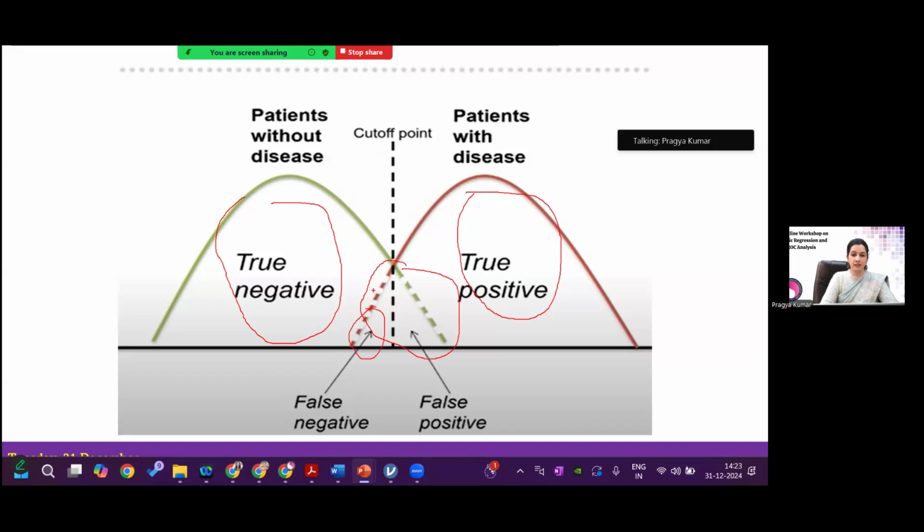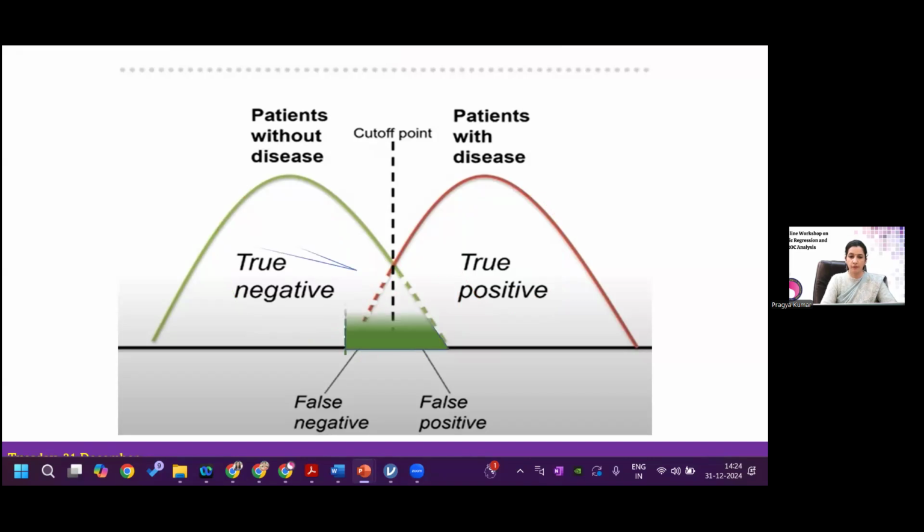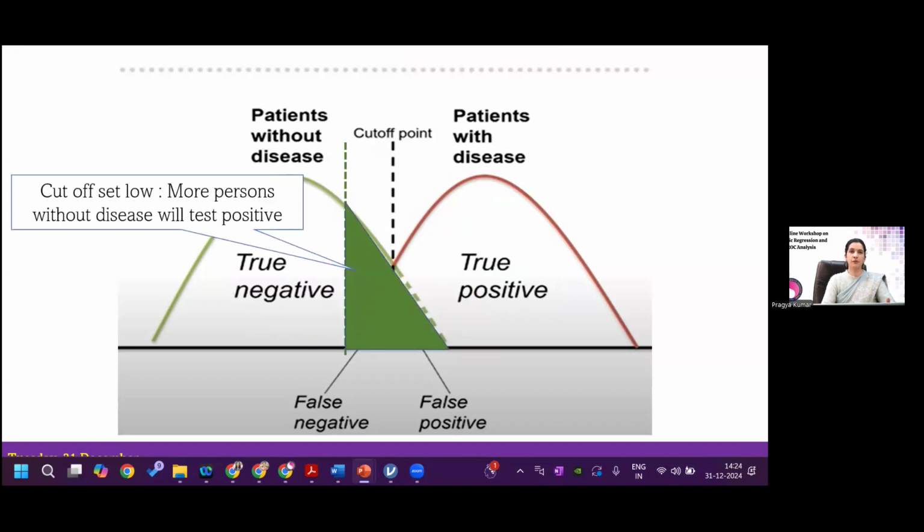Actually they are diseased, but they have fallen under this green one, so we call them false negative. And this is false positive. Ideally they should have been in the green one. That means they are healthy, but they are falling under this red graph, so they are the false positive. So this is if you set the cutoff low.